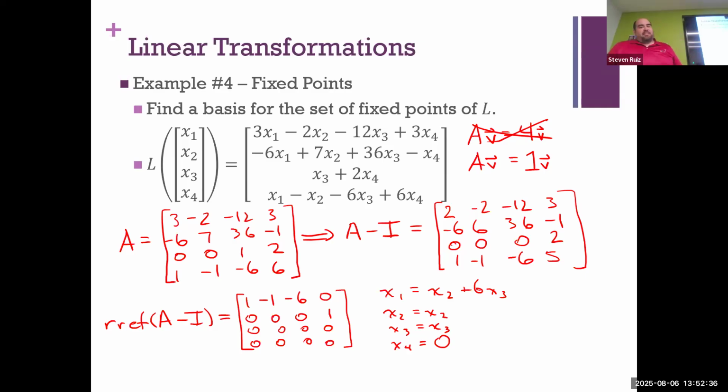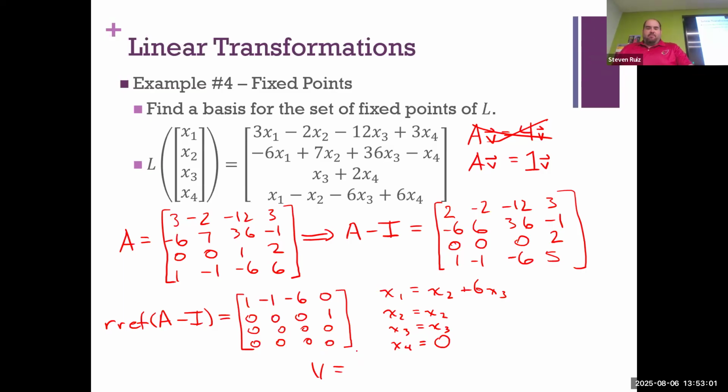So basically what this says is that we do have some vectors that are fixed points. All of them have 0 in the 4th component. So now, can we find a basis for the fixed points? How many vectors are going to be in it?